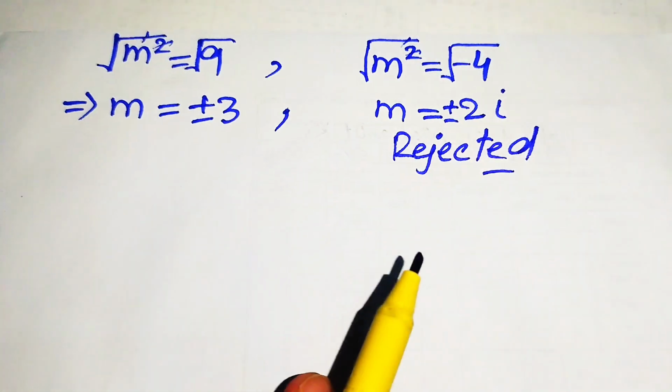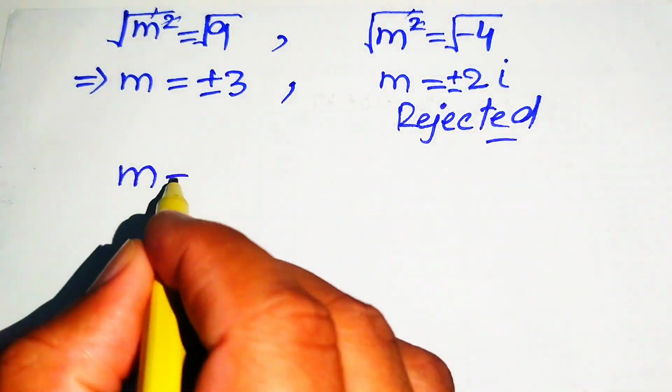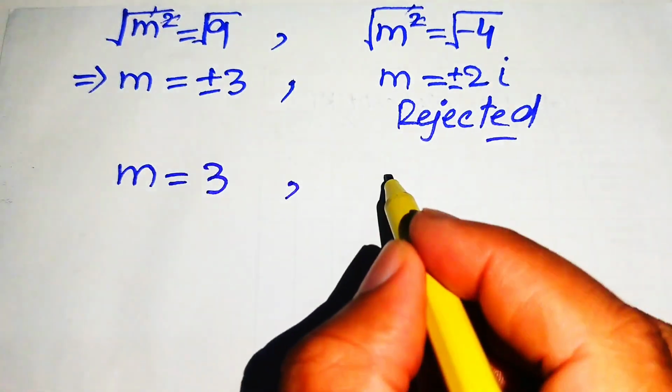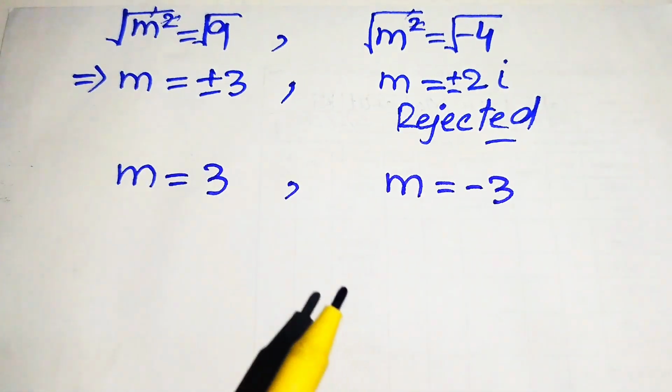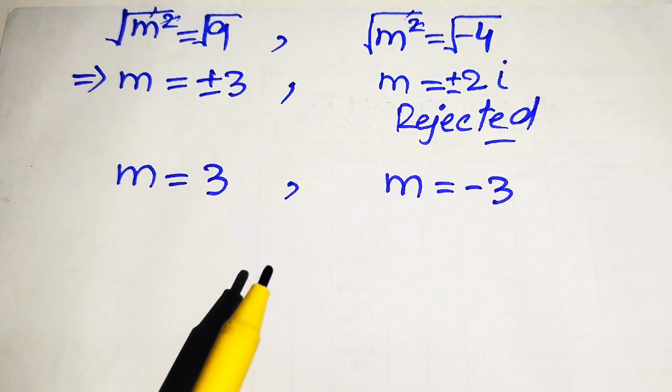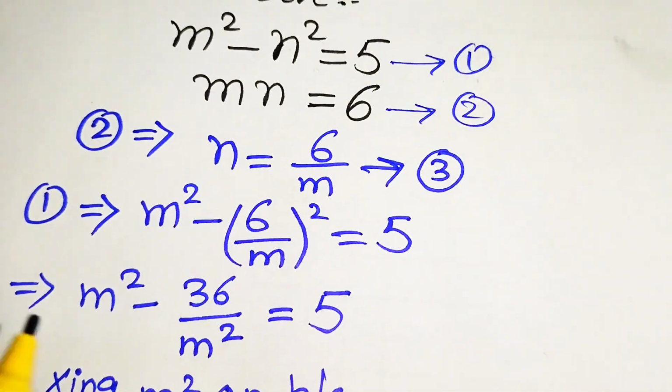In this case we have two values of m, so we write m equals plus 3 and m equals minus 3. These are the two real values of m. Now we need to find the value of n. In order to find the value of n, we need equation number 3.